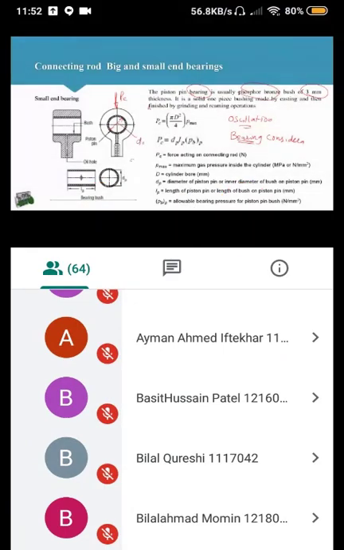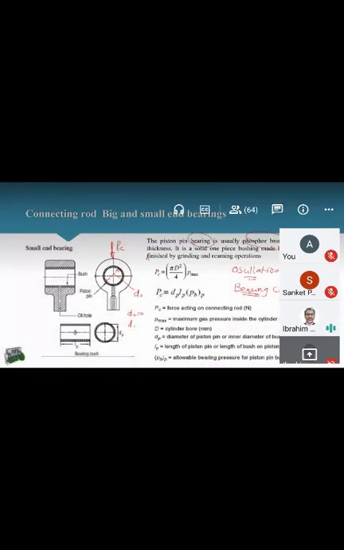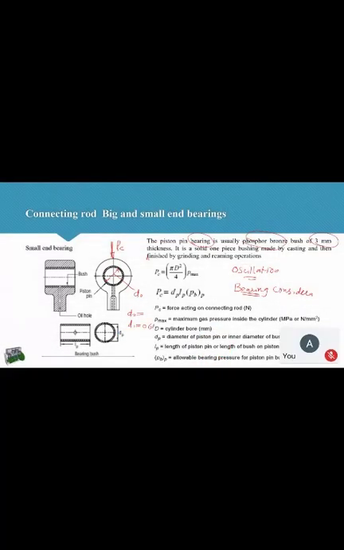You remember DO and DI were the dimensions for the piston pin, DO the outer diameter and DI the inner diameter, and you saw that DI was 0.6 times DO. But here I'm talking about this small end, so I'm using a different notation, DP.